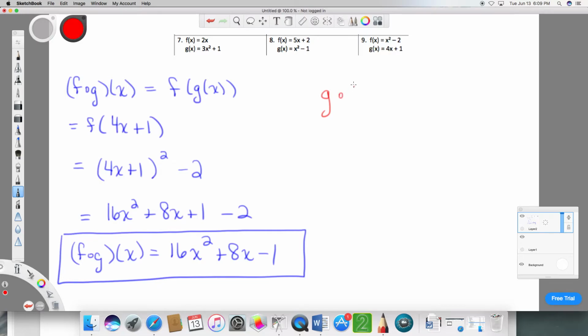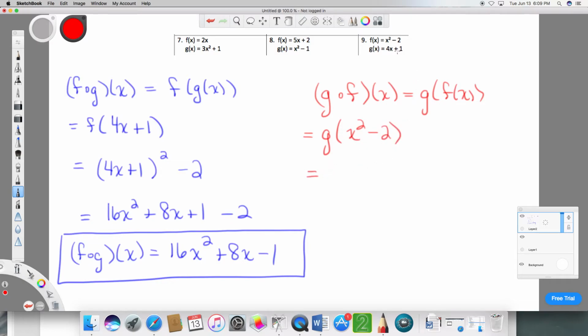So if we use these two functions to create a new function, g composed with f, this time f is the input. So what does g always do to the input?